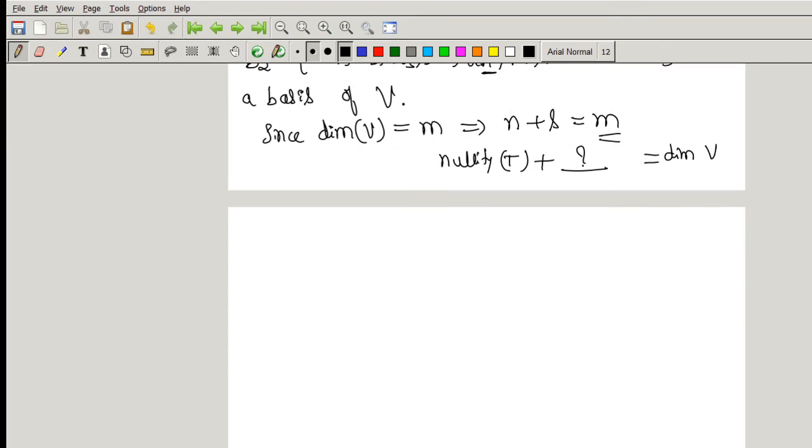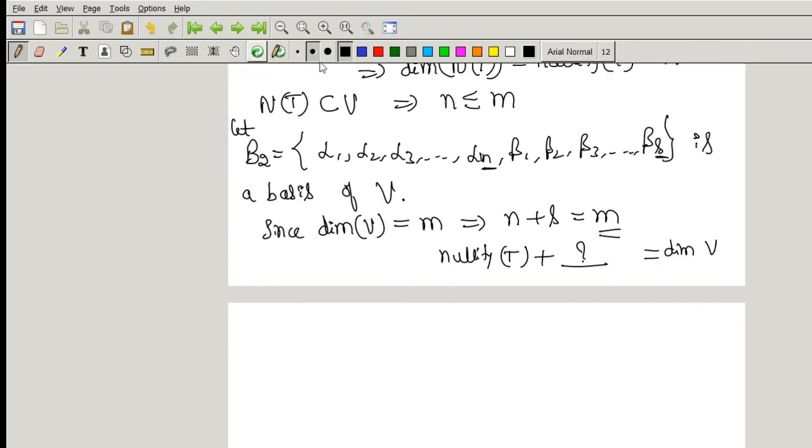Okay, call this set S. We collect these elements in one single set. So let S be equal to beta 1, beta 2, and so on up to beta s.